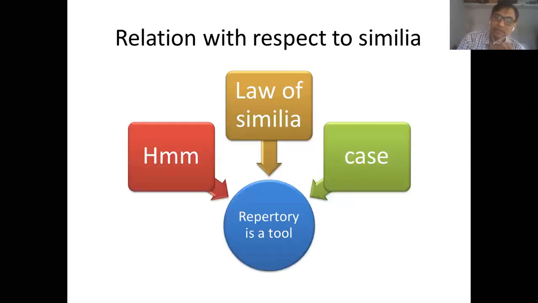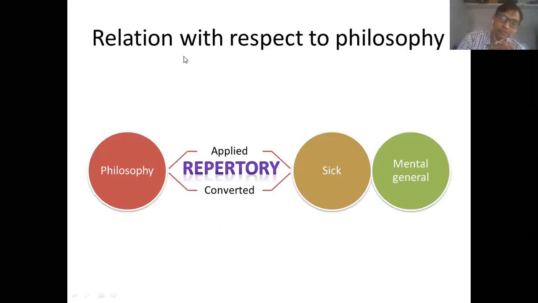Then we have studied the relation with respect to similia. Now we'll study the relation with respect to philosophy. All this philosophy is given in the books of Organon, the various literature written by Samuel Hahnemann, and the various literature written by stalwarts of philosophy like H.A. Roberts, James Tyler Kent, Stuart Close, Carroll Dunham, Boericke, Boenninghausen.